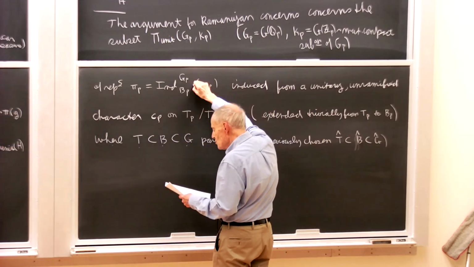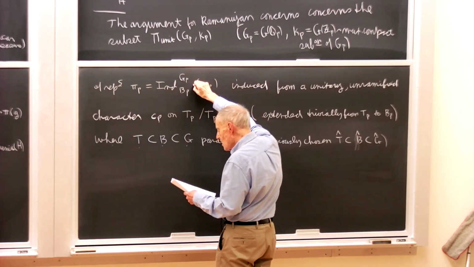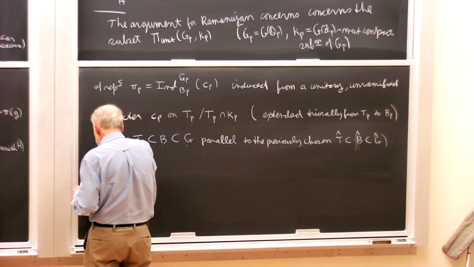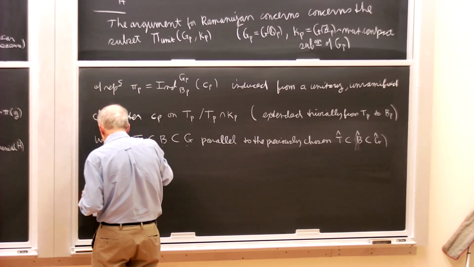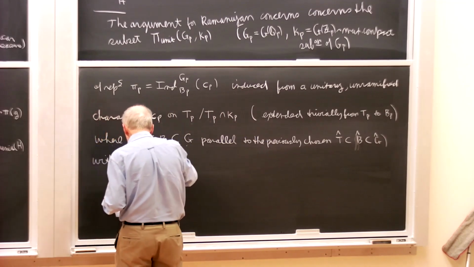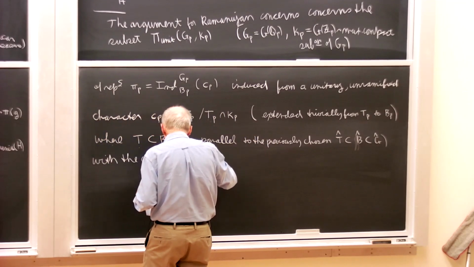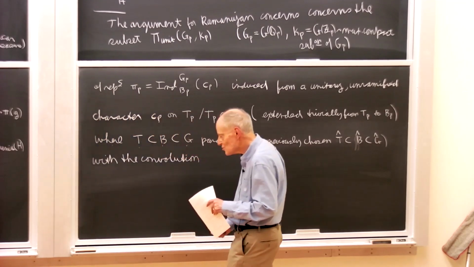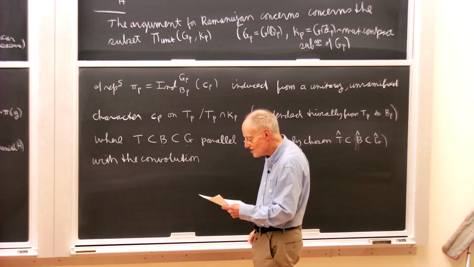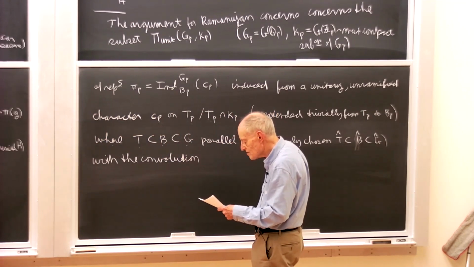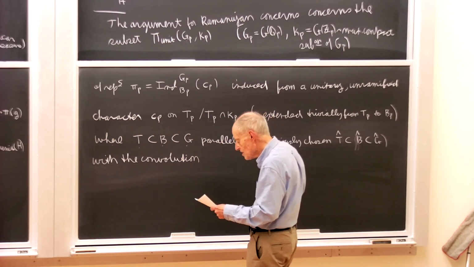Pertains to these representations, and with the convolution, I'm only considering these representations which have a K invariant vector. Then I'd be thinking about the convolution algebra, not all of L1 of G_p.